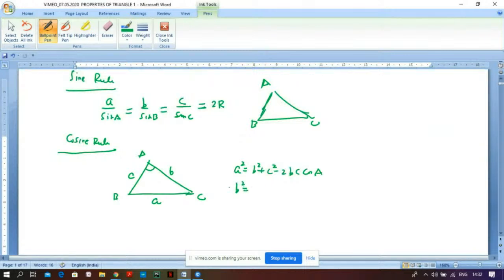If I look at it from this side, b square, this angle will come into play. b square is c square plus a square minus 2 times c times a times cos B. And similarly, you can write the third one for c square.